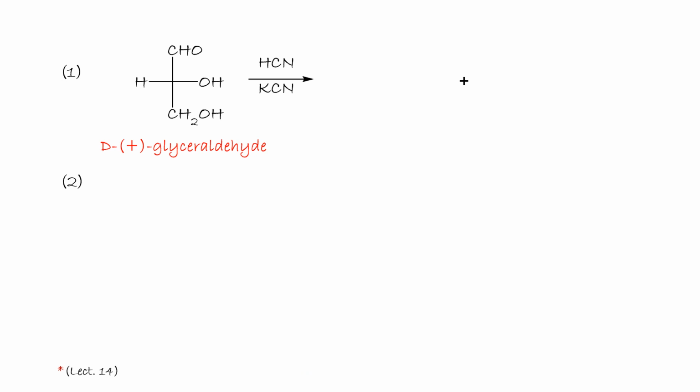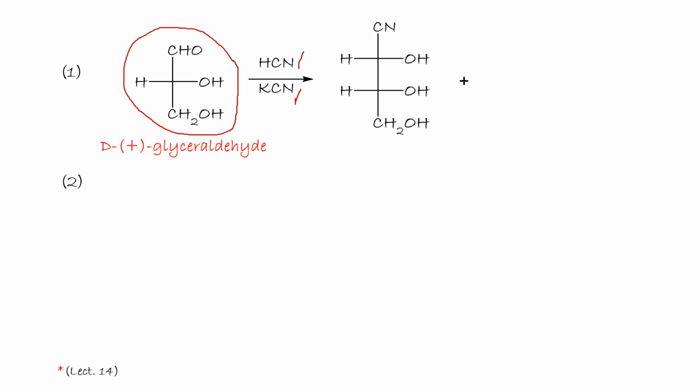Well, we have here D-(+)-glyceraldehyde. When we treat it with HCN, potassium cyanide, we get a mixture of the extended cyanohydrin, one more carbon, either with the OH on the right, or we get it on the left.